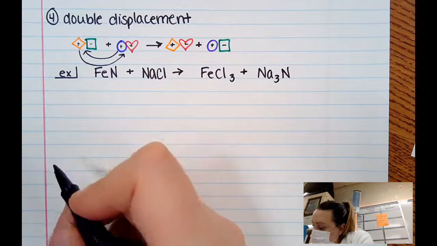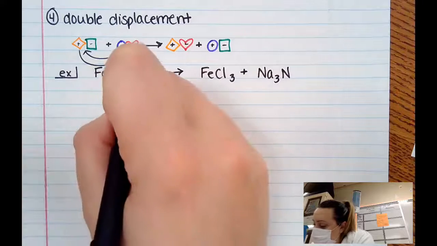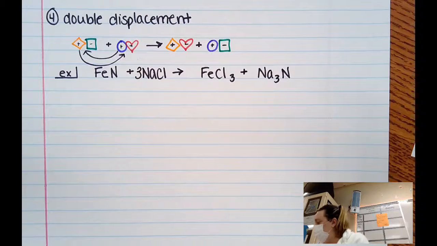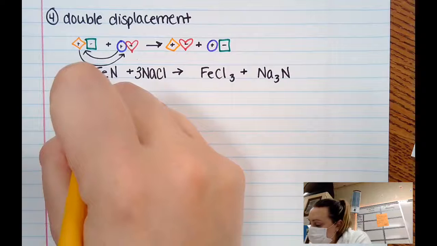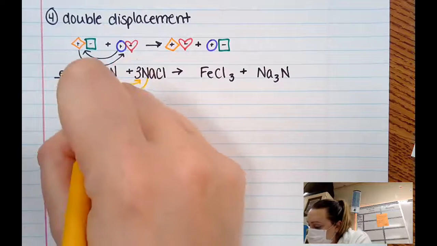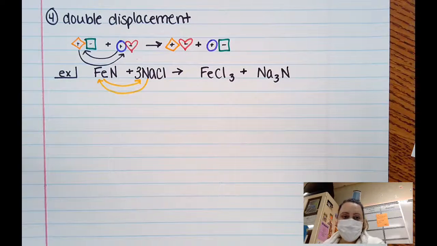The key here is looking at the pattern. And if you can identify that these traded places, that is a double displacement reaction.